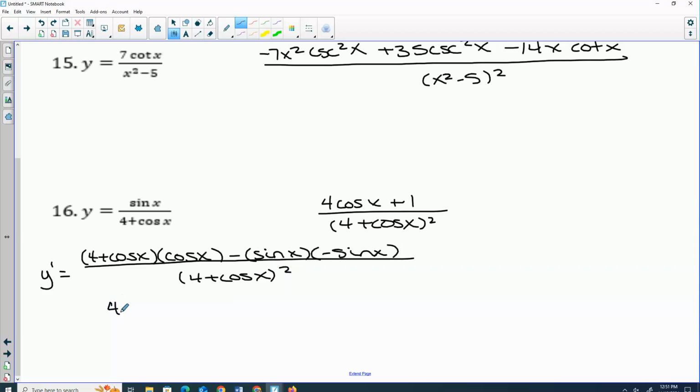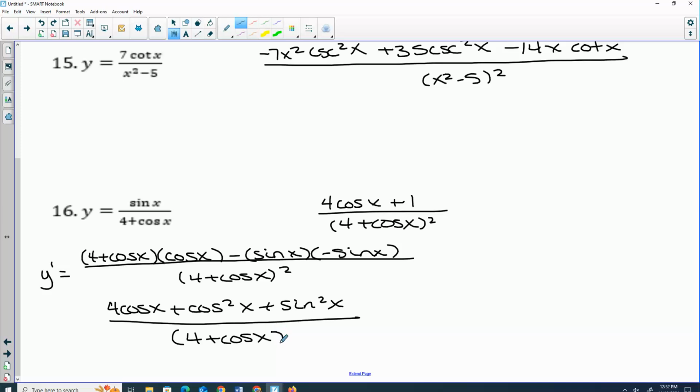So if we distribute, we get 4 cosine x plus cosine squared x plus sine squared x over 4 plus cosine x squared.